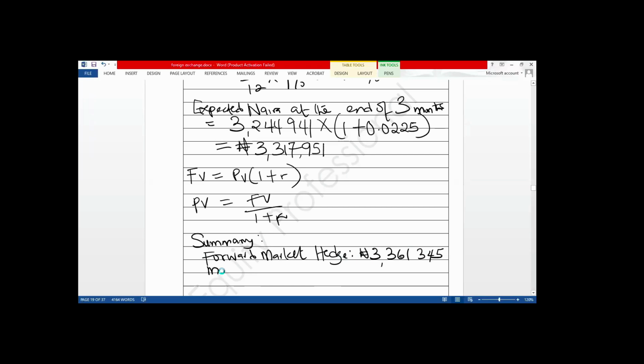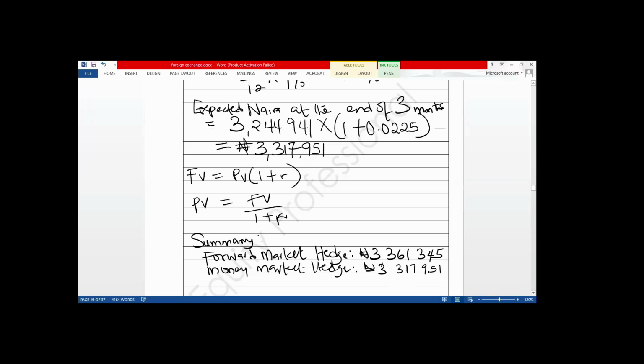If you hedge with money market hedge, the Naira amount is 3,317,951.